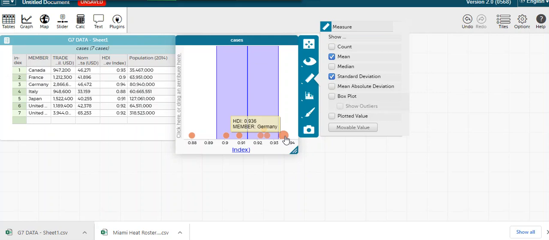So you would say that Germany is a little high and Italy is a little low, and everybody else is where the group lives. So that's one. You could say that it lives between 0.89 and 0.93.